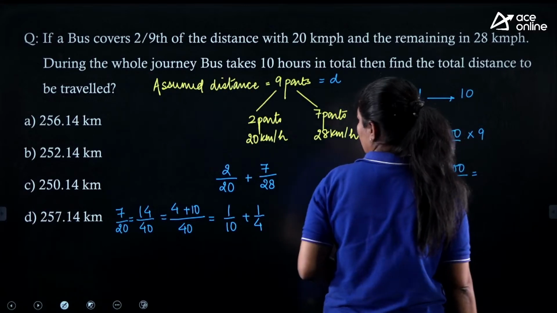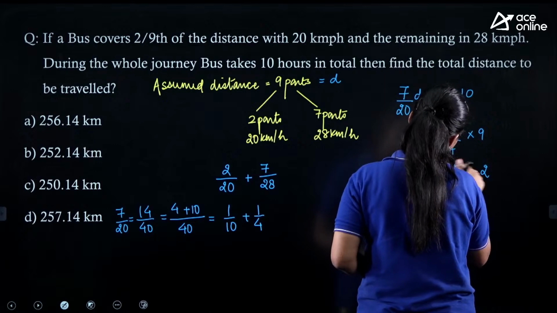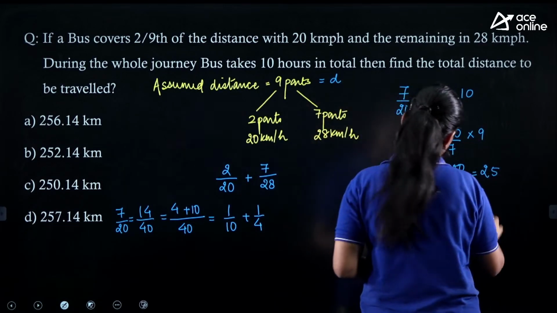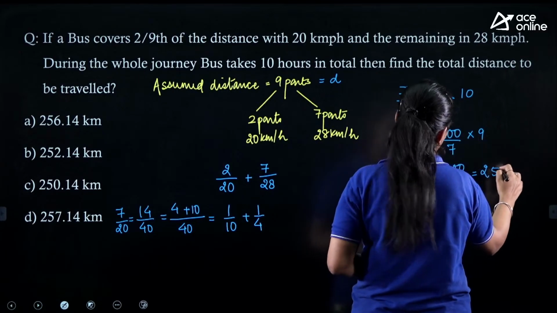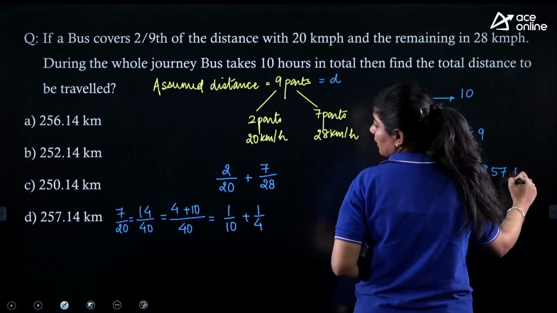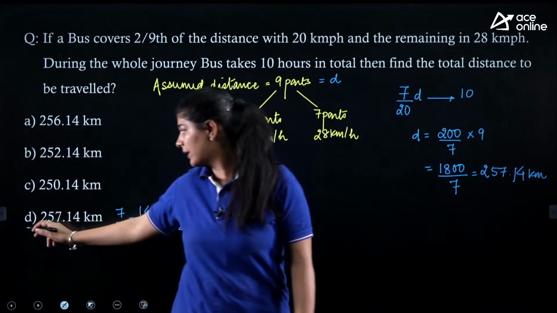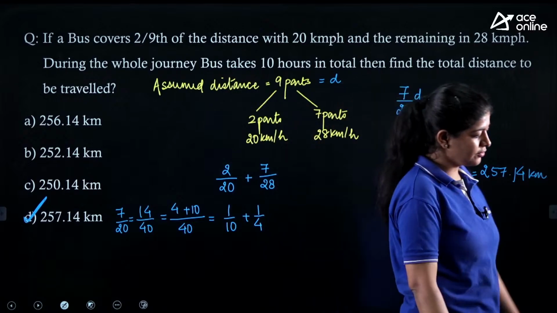If we solve this, we are getting the answer of 250 point something, 14. Okay, all the values are in this only. So basically the answer that we got over here is your option number D. The correct answer is option number D.